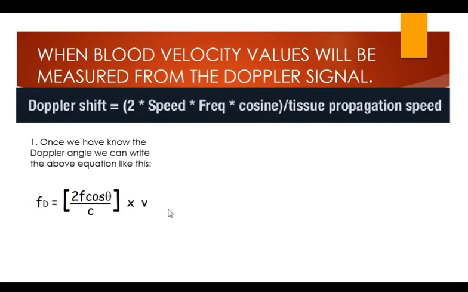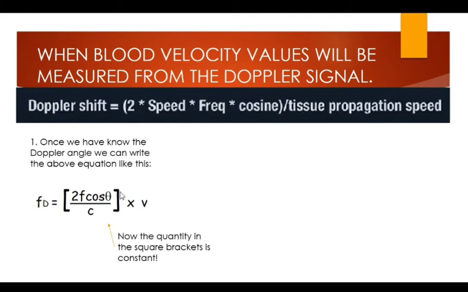But we can figure out what the frequency shift is, because the machine can measure that by measuring the difference between the signal that it sent out originally and the signal that it received back from the echo of that little tiny gate.